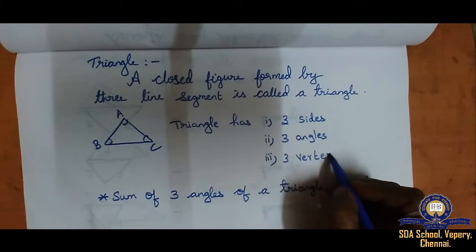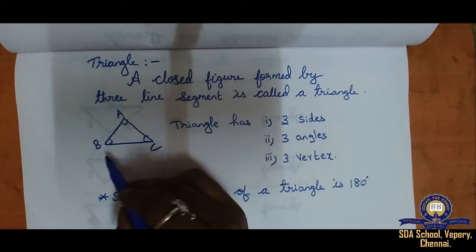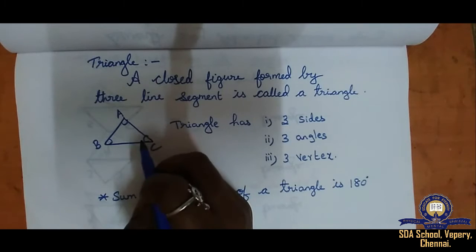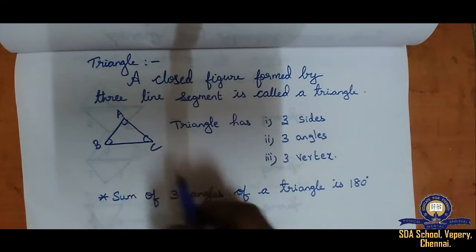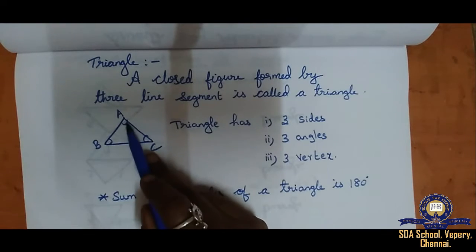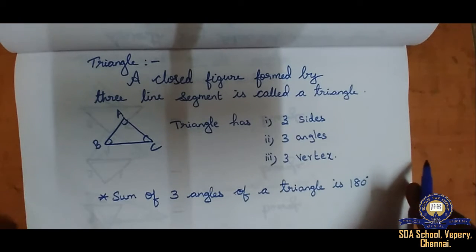What is meant by vertex? Vertex is nothing but the corner. A vertex, B vertex and C vertex. These are the 3 vertices we have in the triangle. So totally a triangle has 3 sides, 3 angles and 3 vertices. This is the main and important thing in the triangle.